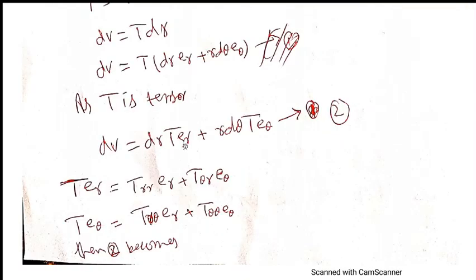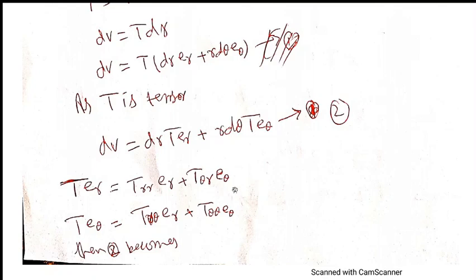Now what is T Er and what is T E theta? This is coming from your second lecture of continuum mechanics. The T E1 was written as T E1 equals T11 E1 plus T21 E2. Now here we have coordinates r theta instead of x1, x2, x3.